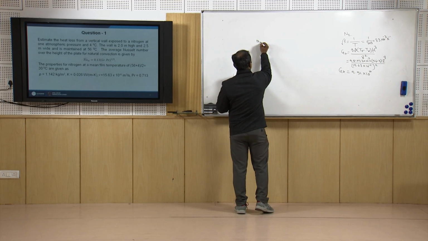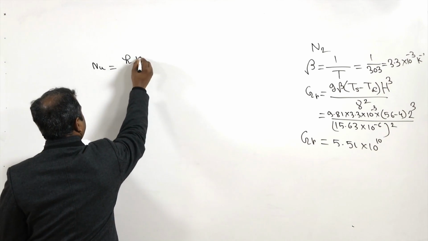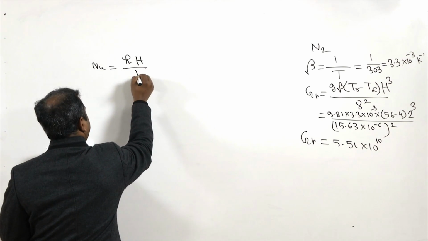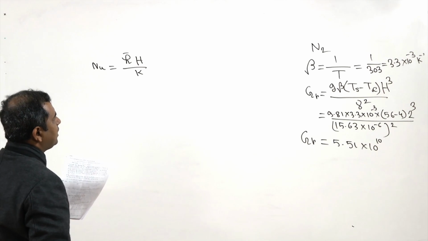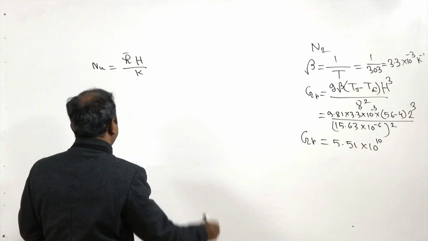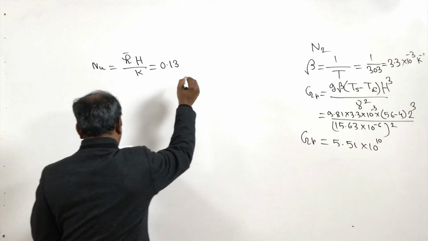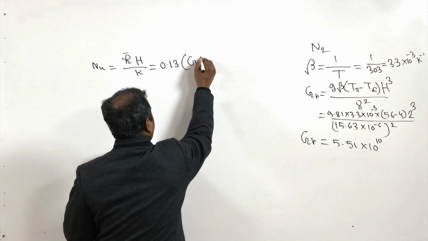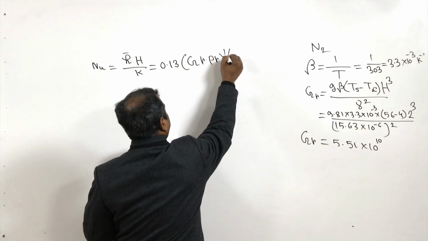So, the Nusselt number is actually h by k, the mean heat transfer coefficient into the height of the plate divided by k. This is nothing but, as per the correlation, 0.13 Grashof into Prandtl to the power 1/3.